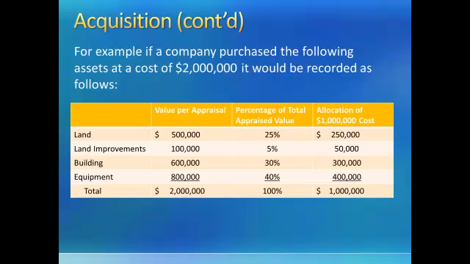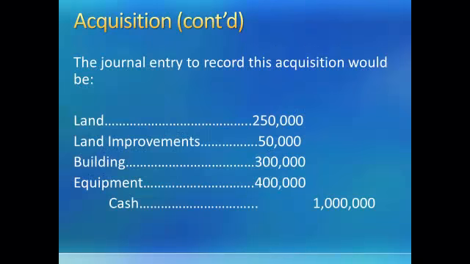So we have 4 identifiable assets on our balance sheet. The journal entry to record this acquisition would be a debit to each of the 4 assets for the allocated cost and a credit to cash for $1 million, representing the total purchase price. We only use the fair values per the appraisal to allocate the purchase price to the individual assets.